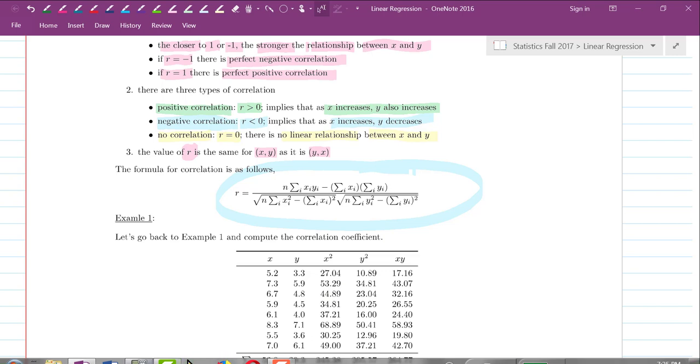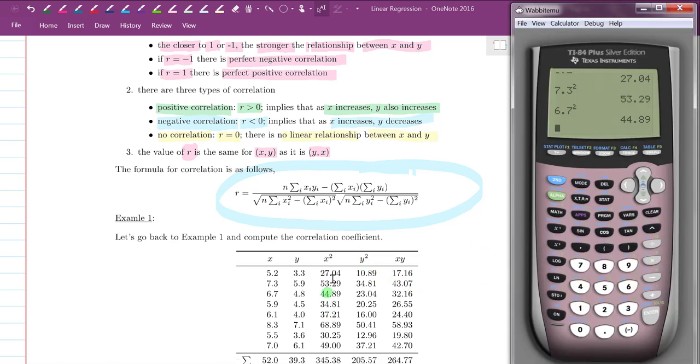And then after that, what we'll do is we will sum all of these numbers up. So 27.04 plus 53.29 plus 44.89 plus 34.81 plus 37.21 plus 68.89 plus 30.25 plus 49. That number is 345.38.